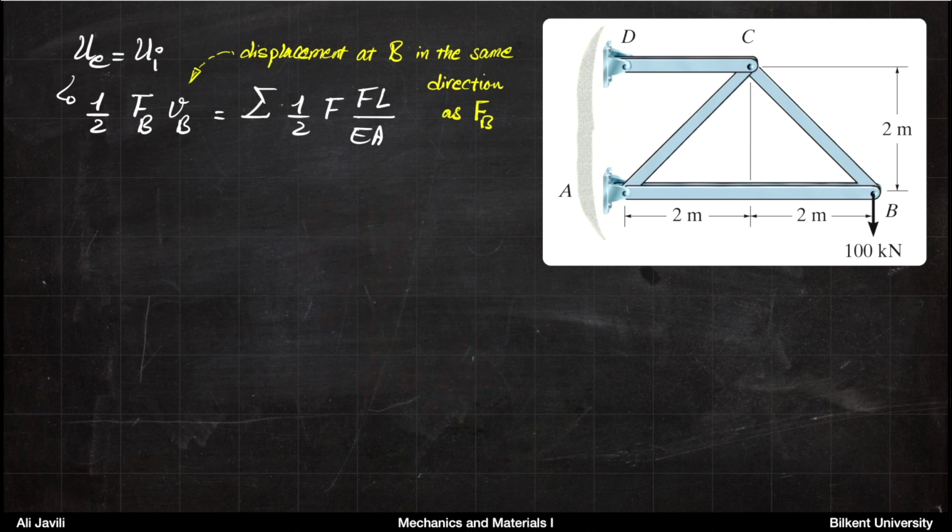So that's all you have to do, and then if you just cancel the 1/2 on both sides, you will come with this relation. So it would be FB VB equals sum over all the members, F squared times length divided by Young's modulus times area.